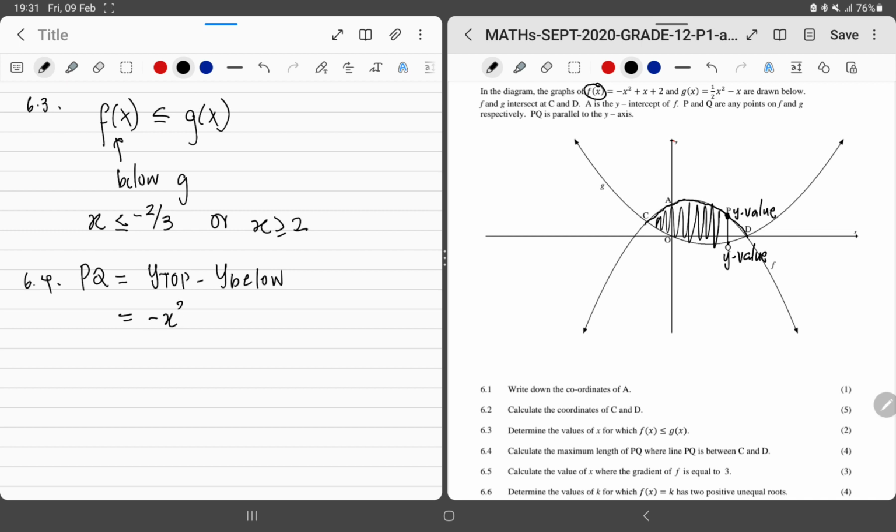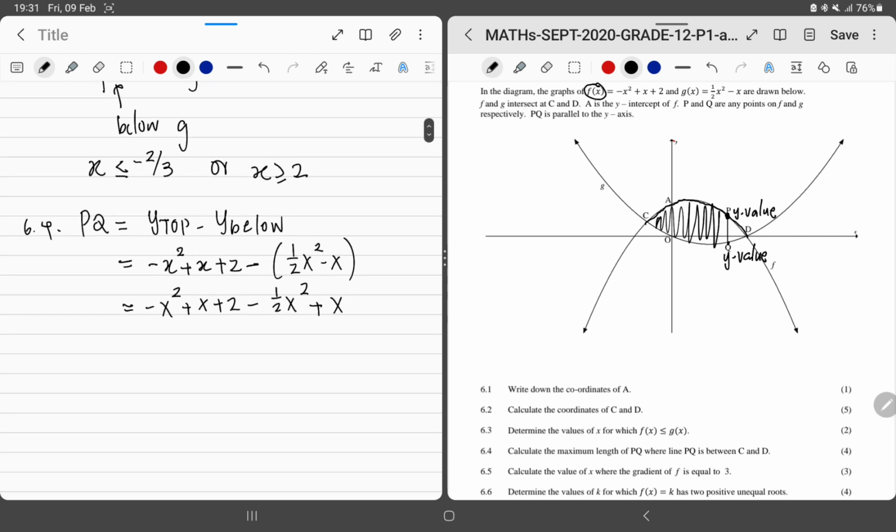So this is minus x squared plus x plus 2 minus the graph that is below, half x squared minus x. This is minus x squared plus x plus 2 minus half x squared plus x. This is minus 3 over 2 x squared plus 2x plus 2.